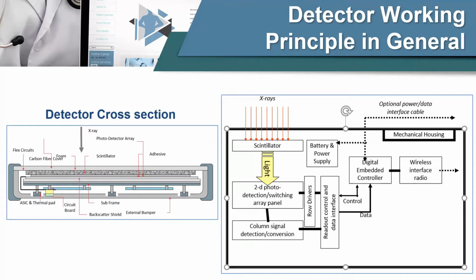Here you can also see that the scintillator light falls on the photodiodes, which is converted again into an embedded controller system. Through wireless, it is transferred into a console without any wire system. Next.